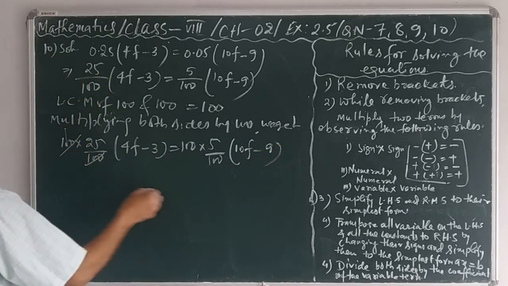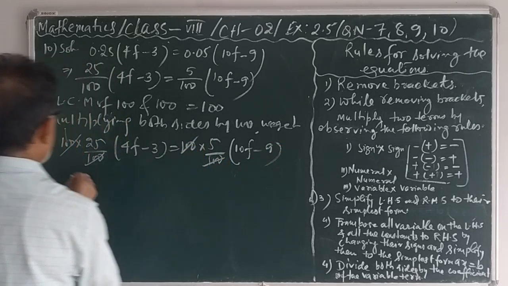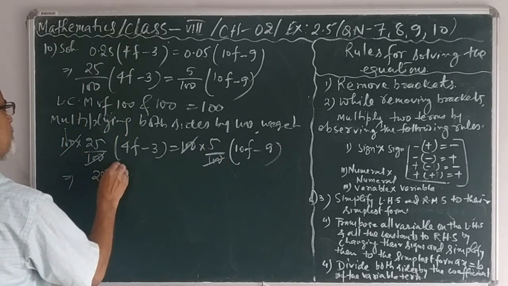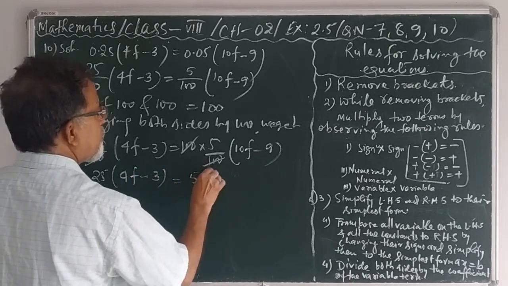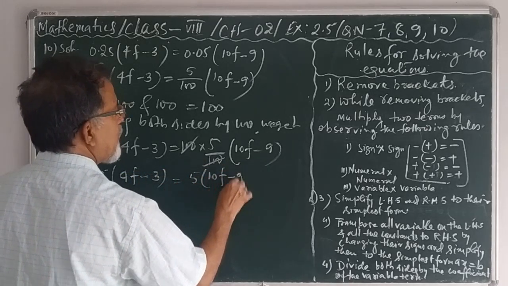This 100 cancels, this 100 cancels. Now 25 into (4f minus 3) equal to 5 into (10f minus 9).